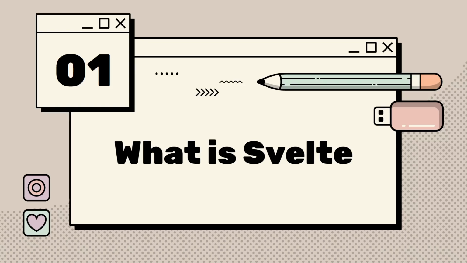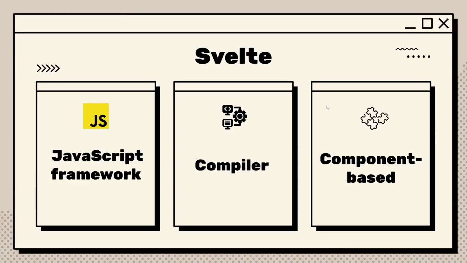So first, let's start with what is Svelte. Svelte is a modern JavaScript framework that has been gaining popularity due to its unique approach to building user interfaces. Unlike other frameworks like React and other popular frameworks, Svelte does not use a virtual DOM to render UI components, but instead compiles them into highly efficient vanilla JavaScript code that runs directly in the browser.